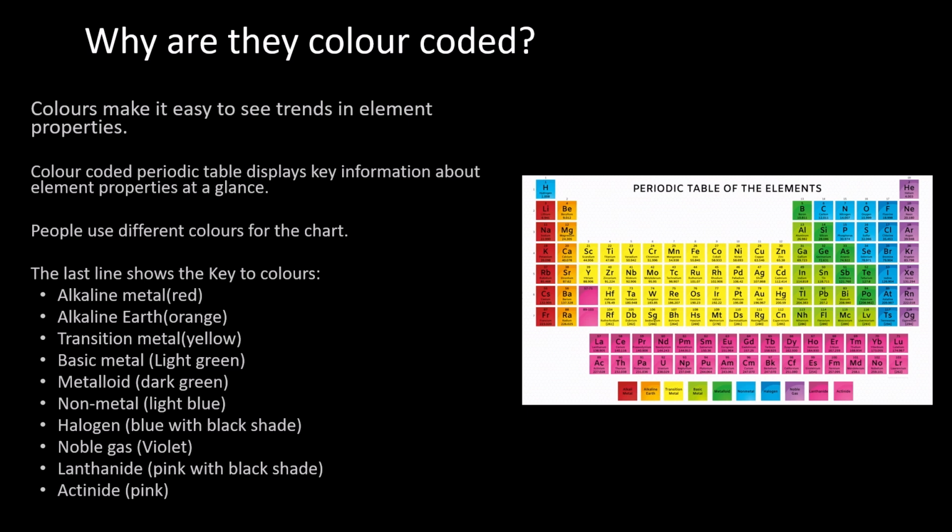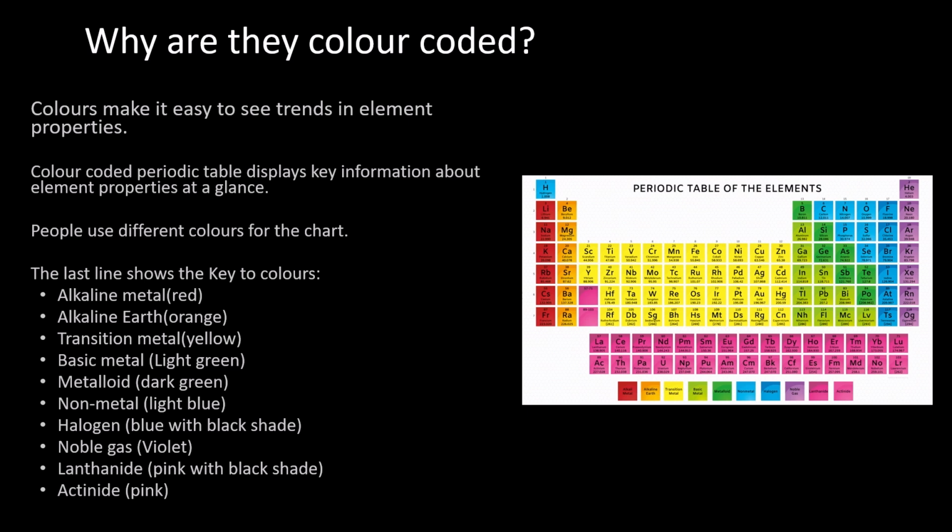Why are they color-coded? Colors make it easy to see trends in element properties. A color-coded periodic table displays key information about element properties at a glance. People use different colors for the chart. Here, we can look at the colors used in this chart. The last line shows the key to the colors.